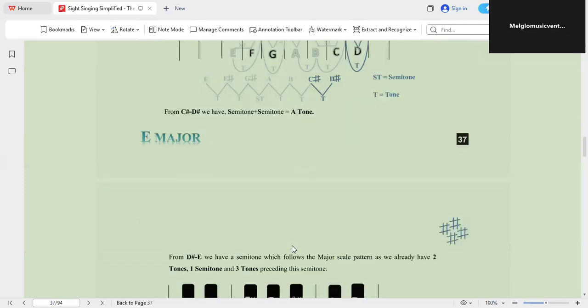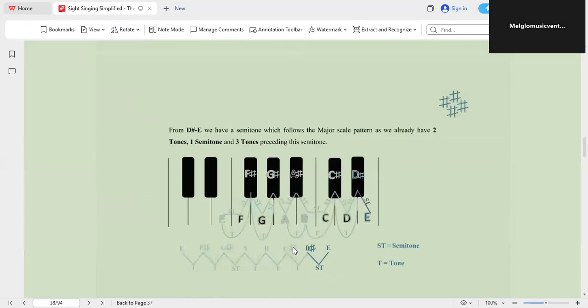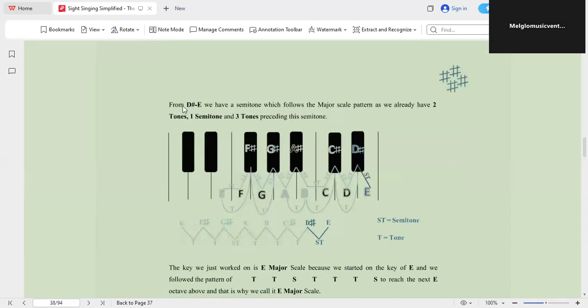So next, we have our final semitone. From D sharp to E, we have a semitone, which follows the major scale pattern, as we already have two tones, one semitone and three tones preceding this semitone.